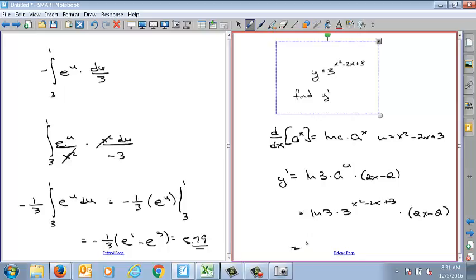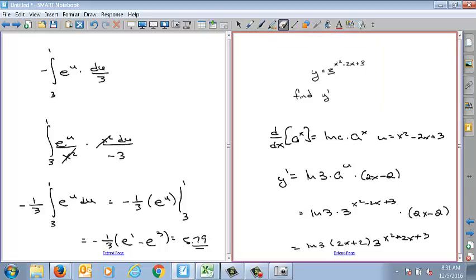And I would move this term to the second part of the expression, plus 2x minus 2. So where did I mess it up here? 2x minus 2. Yeah. Everybody okay with that one?